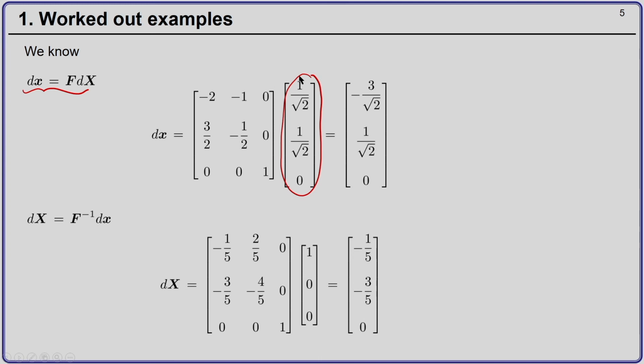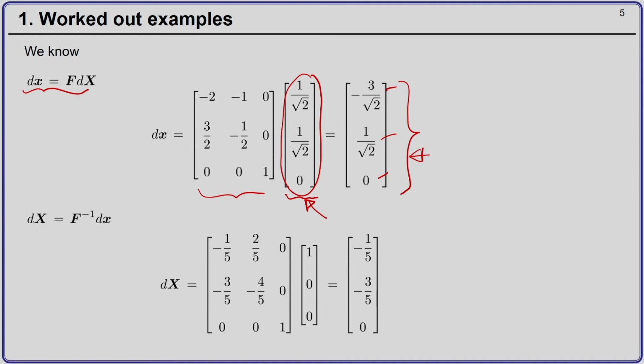All we need to do is take the matrix vector multiplication, and then you will get the spatial element dx corresponding to material element dX given by the following vector: minus 3 by root 2, 1 by root 2, 0. That is what you get. So, your material element deforms to the following spatial element.